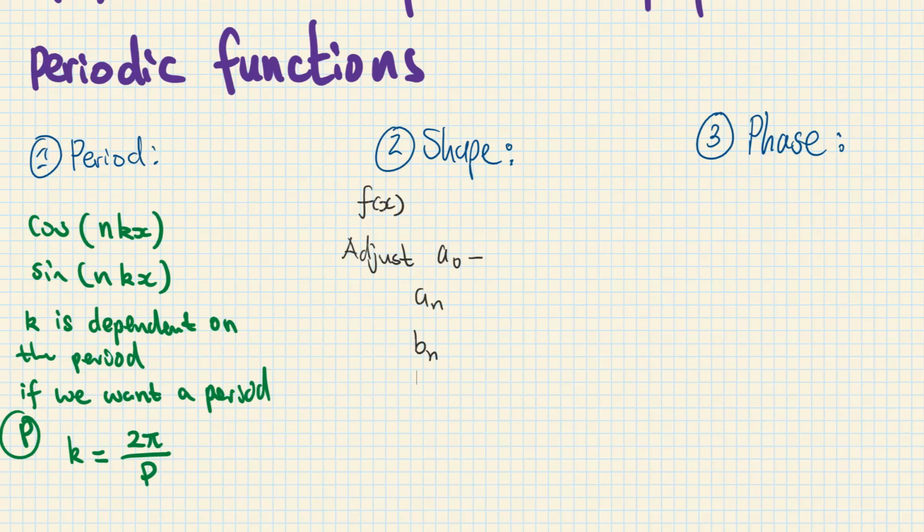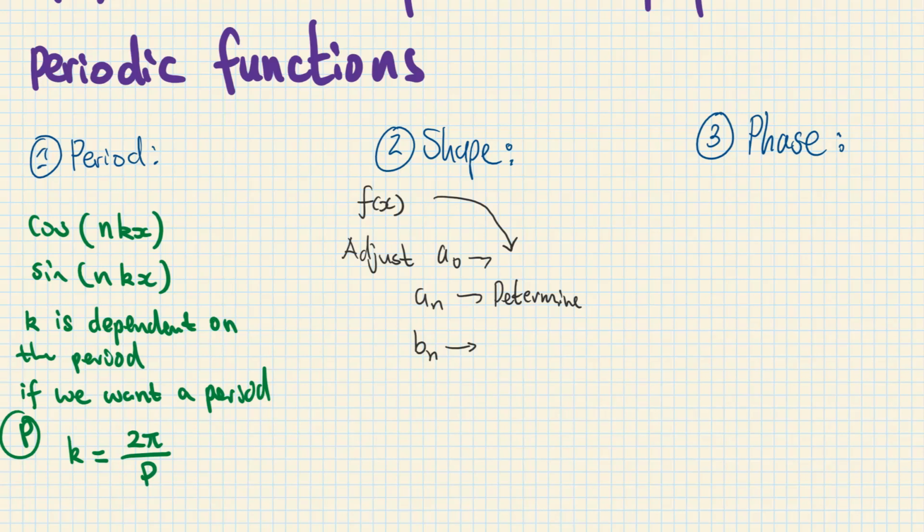We want to determine values for each of these with the information from f of x. And to do that, there are a few formulas which I'm going to go over later. For now, let's move on to phase.